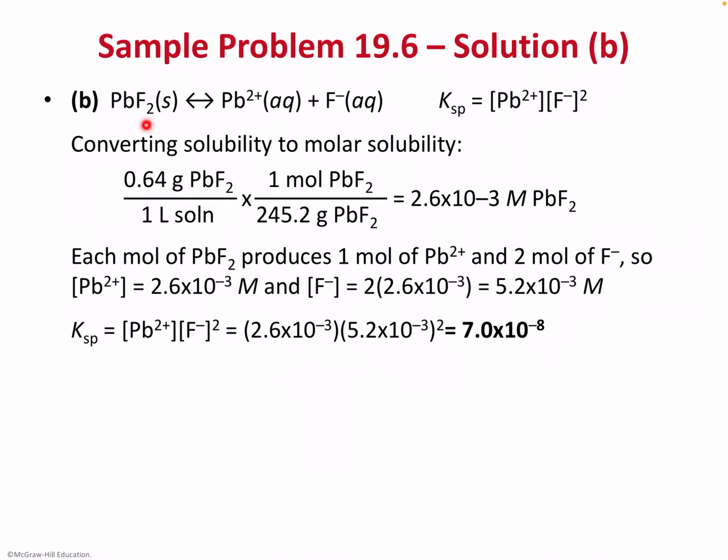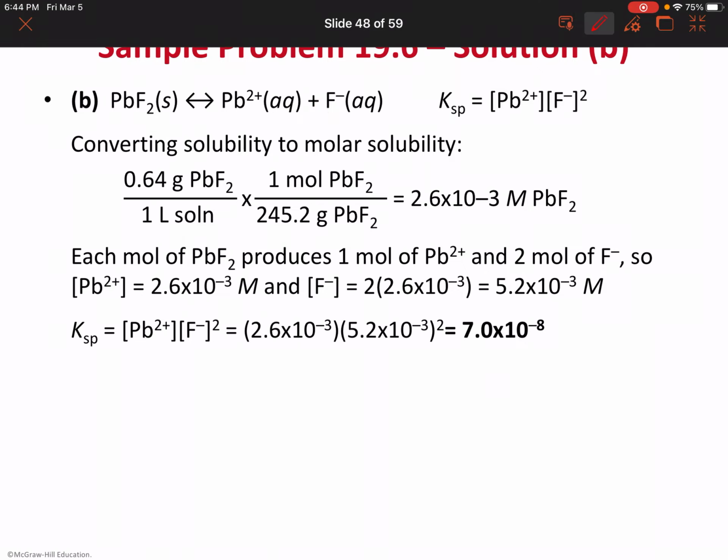So the dissociation of lead fluoride gives lead 2 plus ions and fluoride ions, and when you write the KSP, we are missing something, it should be 2 fluoride ions, don't you think so? Because there are 2, PbF2, Pb2 plus 2F minus, that should be a typo.